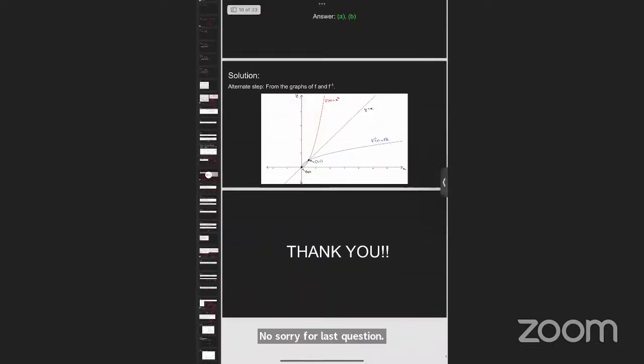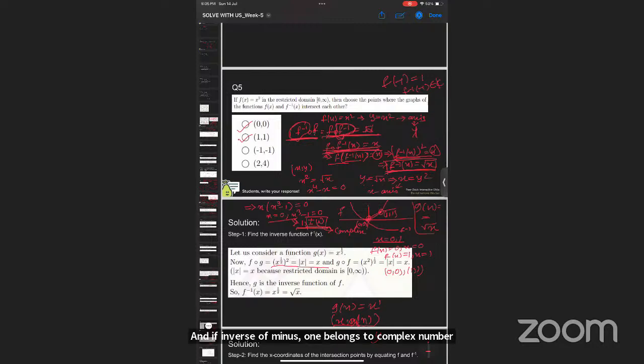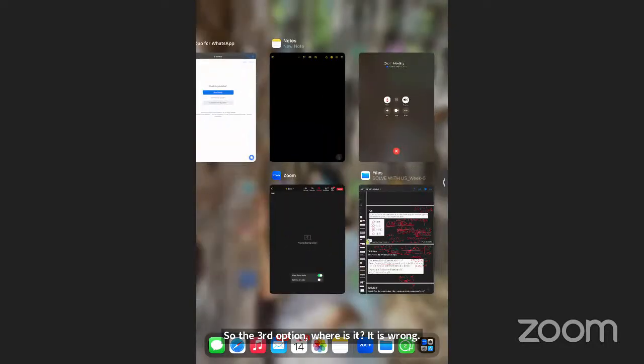Why will the third option be correct? -1 is not the point here, right? -1 is not satisfying this, because minus f of -1 is 1 and f inverse of -1 belongs to the complex numbers. So this doesn't even satisfy the equations. So the third option is wrong. Okay, ma'am, thanks. Now I will pick up your doubts.